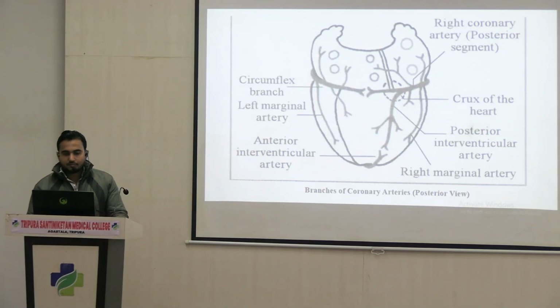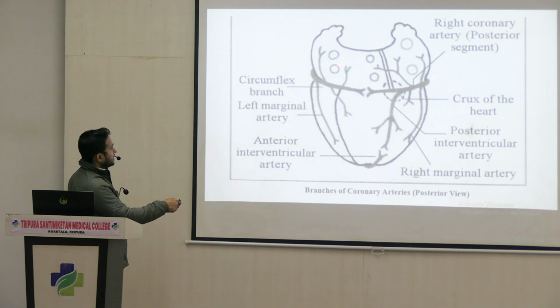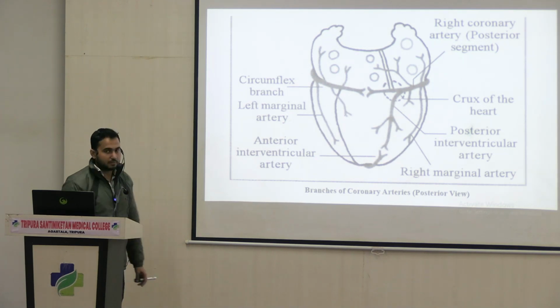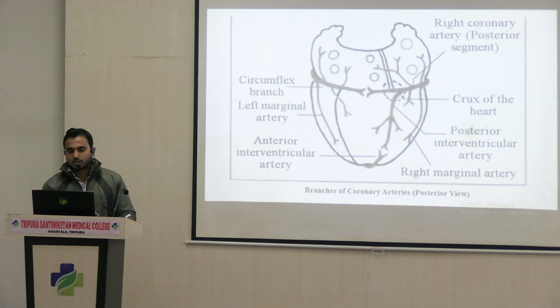Now this circumflex artery also gives various branches, for example atrial and ventricular rami. As you can see, these are the atrial rami and these are the ventricular rami, which supply the adjoining surfaces of the left atrium and left ventricle. Next, the SA nodal artery also comes from the circumflex artery, but only in 35% of cases, very less.